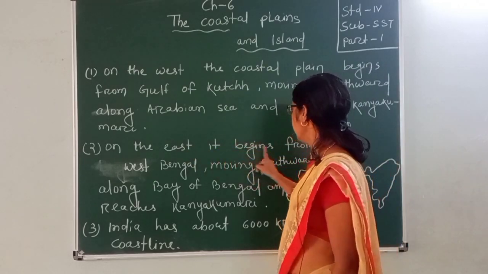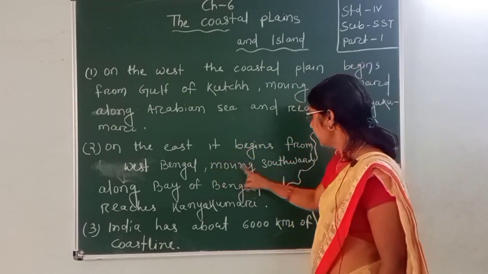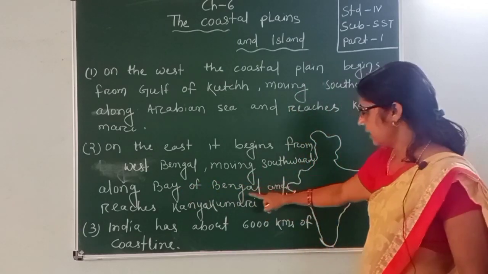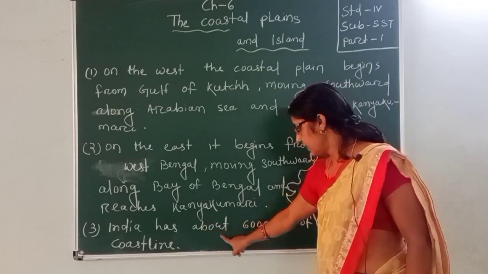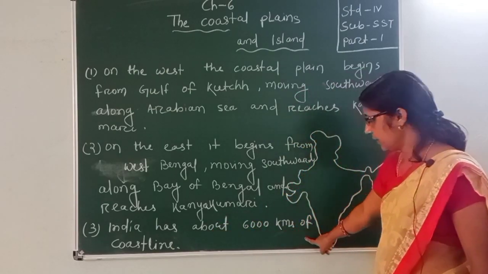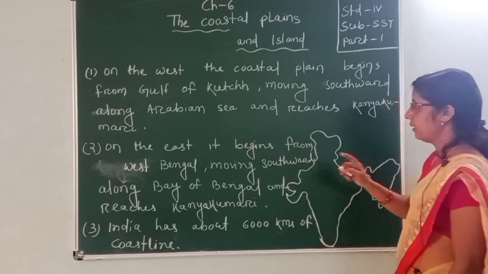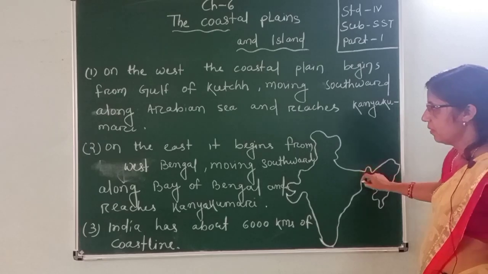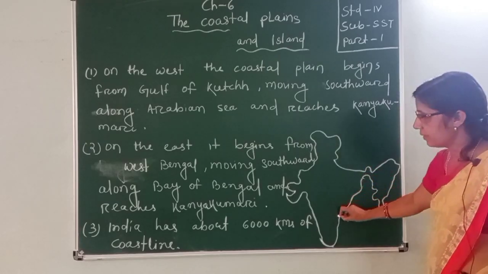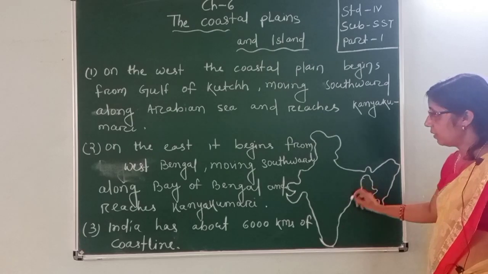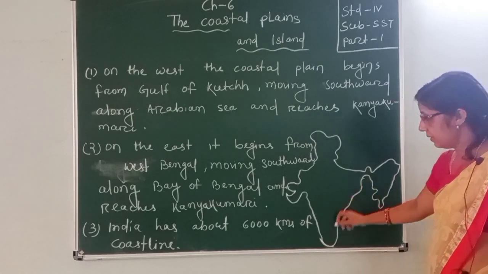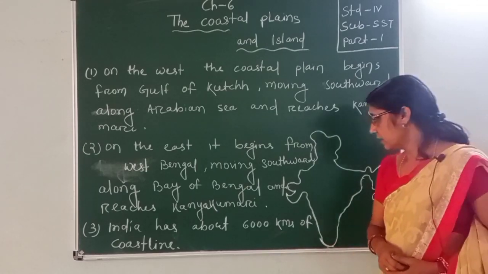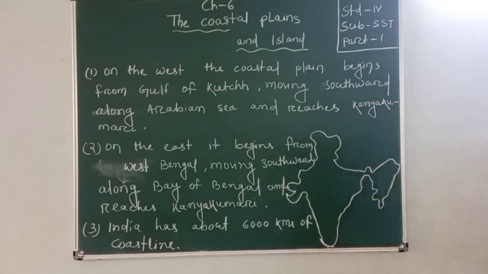On the east it begins from West Bengal, moving southward along the Bay of Bengal and reaches Kanyakumari.